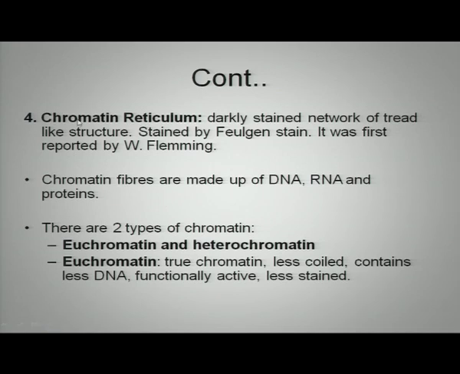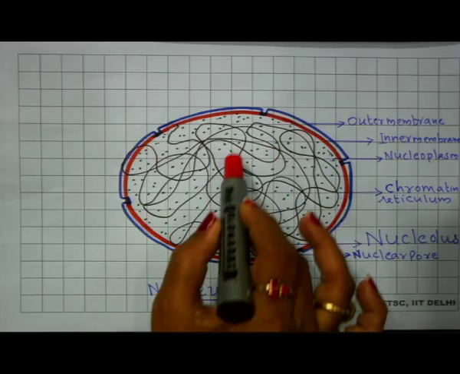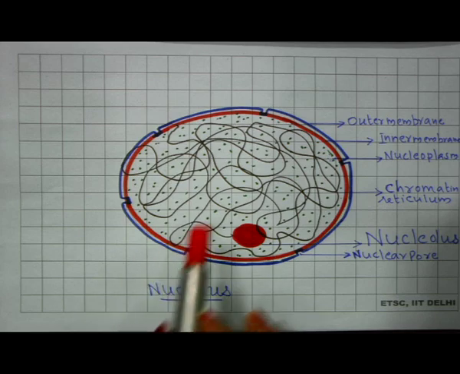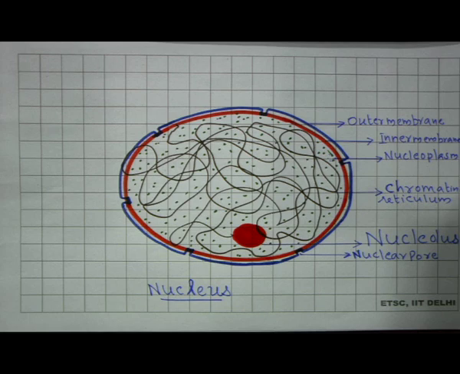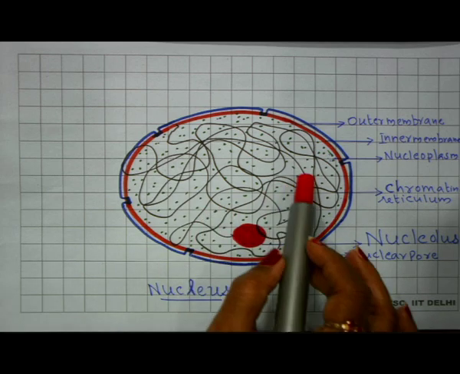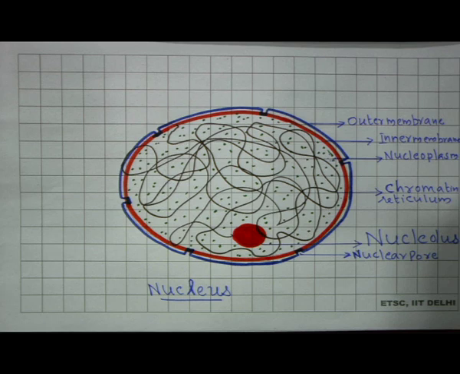Now, the fourth part, that is the chromatin reticulum. You can see here this thread-like structure, ultra thin, and it is seen in the form of a network made up of chromatin, so known as chromatin reticulum.